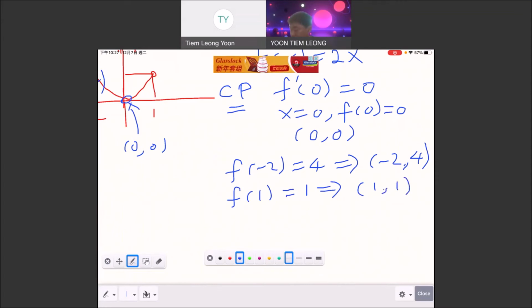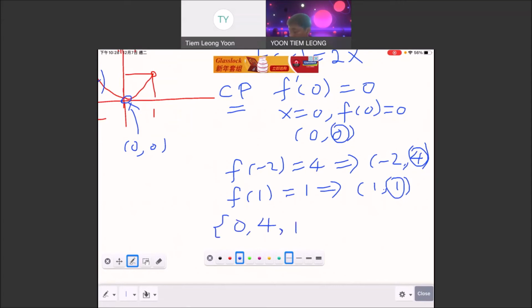So you have a collection of 3 numbers, which is the value of the function at the critical point, the value of the function at x equals the left-hand value, and the value of function f when x equals the right-hand value. So what you do is you just collect the 3 values: the value of f at the critical point, the value of f when x is at the left-hand side value, and the value of f when x equals the right-hand side value.